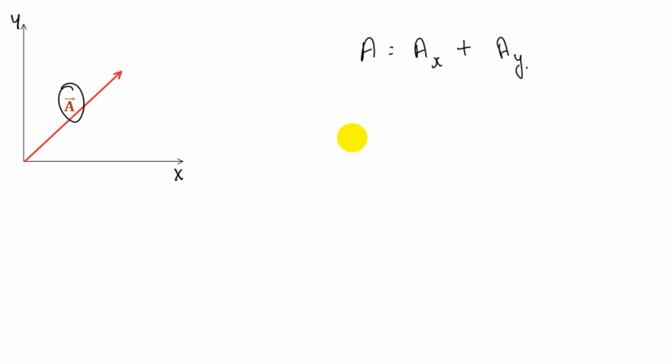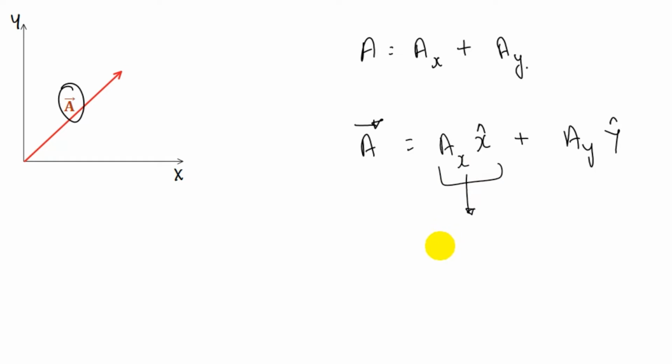In a similar way, we can write that a vector can be written as a sum of its vector components. So vector A is equal to Ax x cap plus Ay y cap. So this is the vector component in x direction, and this is the vector component in y direction.